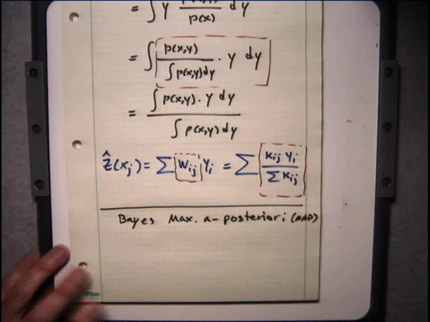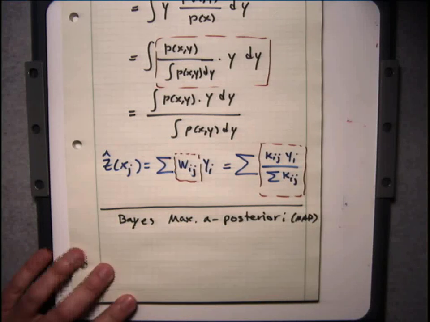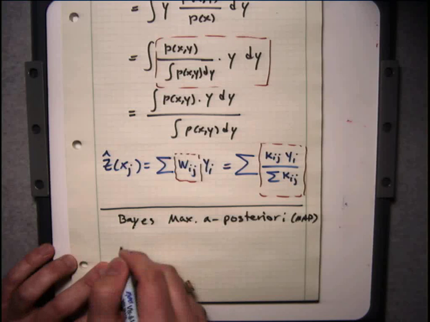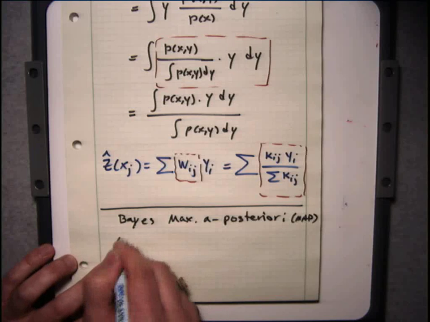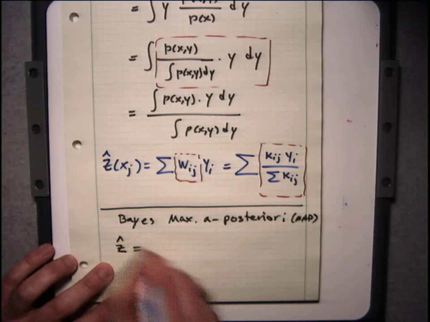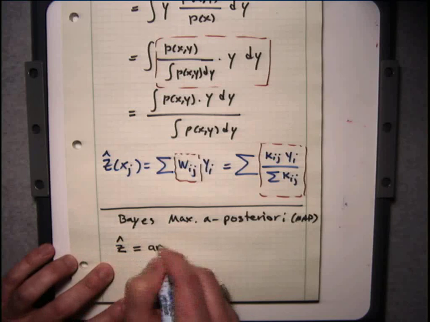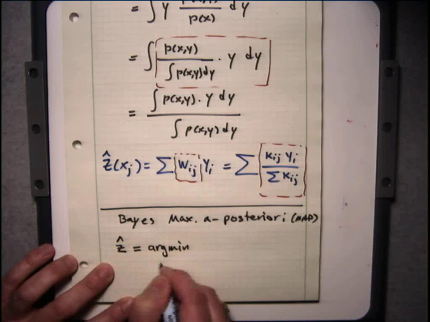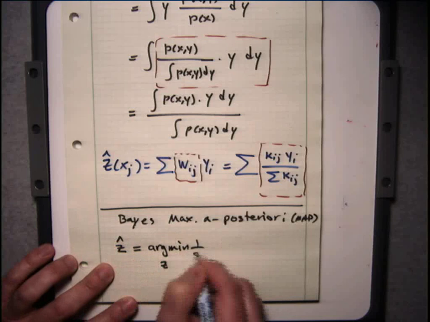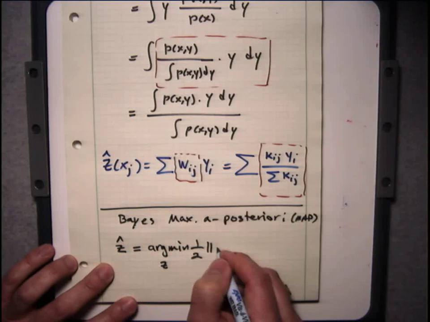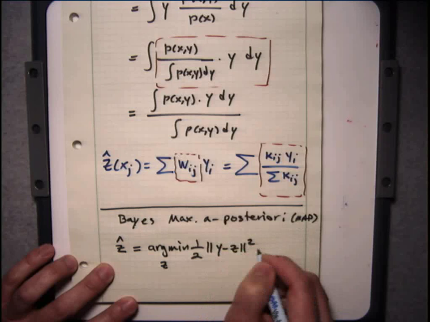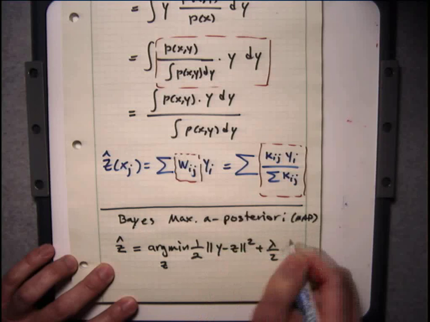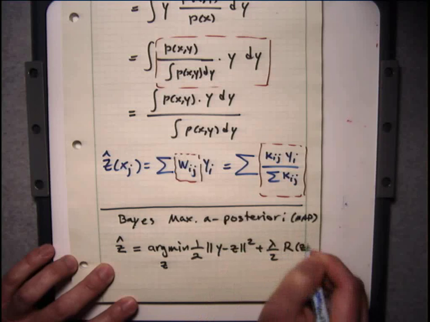Okay, so without getting into the derivations, if you remember, z hat is the arg min over z of 1/2 the norm of y minus z squared plus lambda over 2 times some penalty function, which I'm going to call r of z.